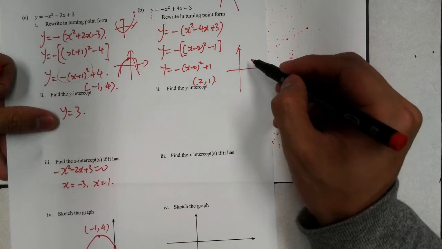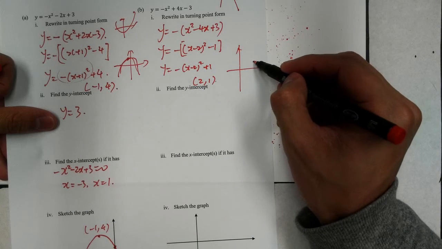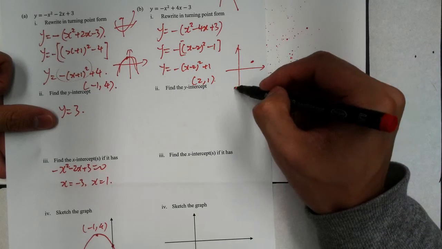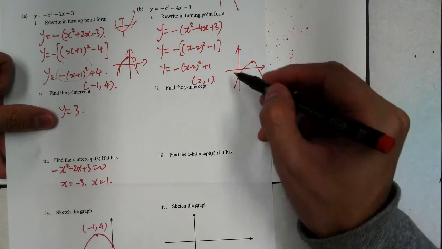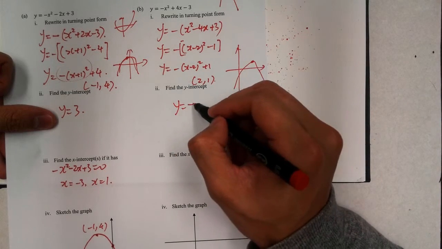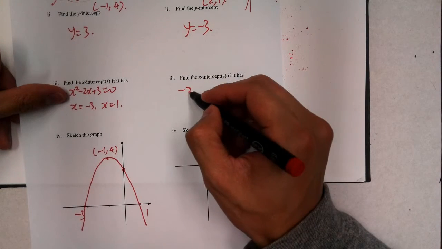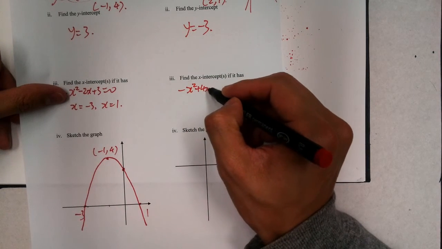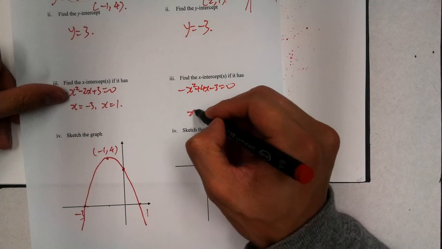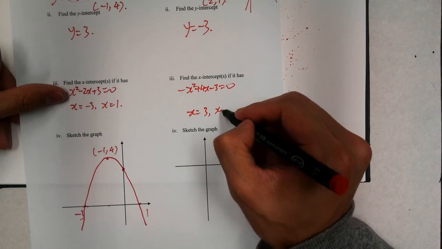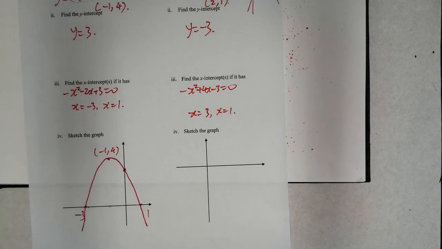X equal to 2, y equal to 1. Should draw like that, the graph. So x-intercept, y-intercept is negative 3. So we have x-intercept, then I need to solve negative x squared plus 4x minus 3 equal to 0. Then you have x equal to 3, x equal to 1.